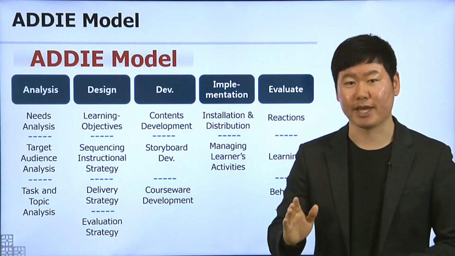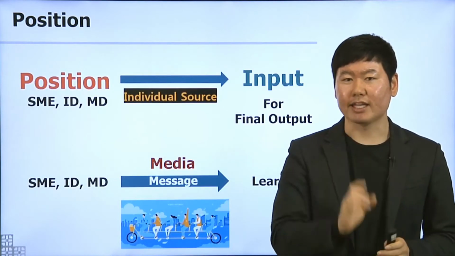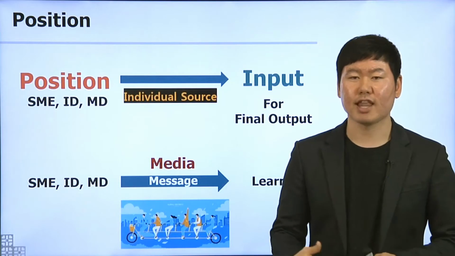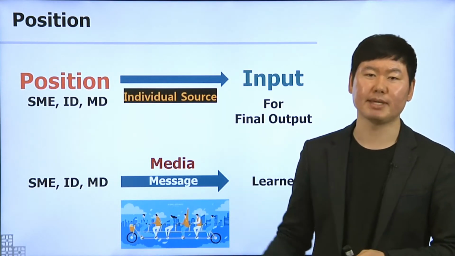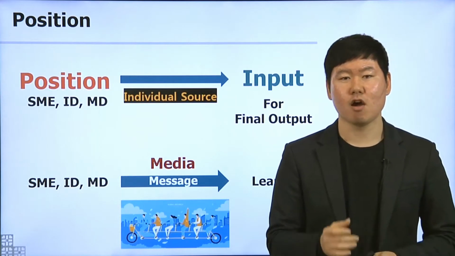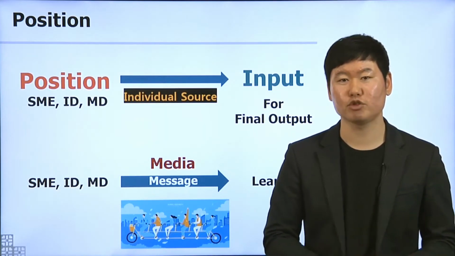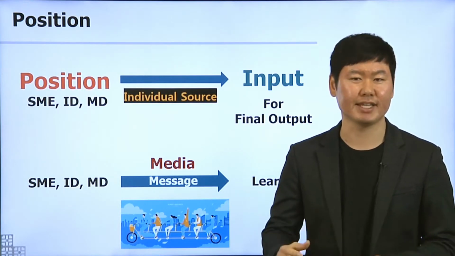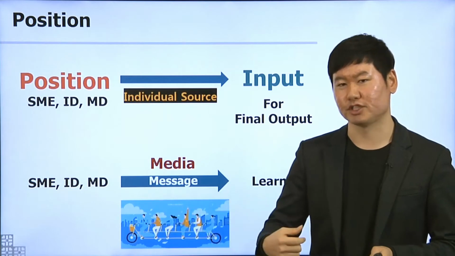Look at the next page. I will ask you an easy concept. I explained in the first lecture that e-learning content is multimedia. Yes. For making the e-learning content output, we have to combine several media sources from the expert positions.